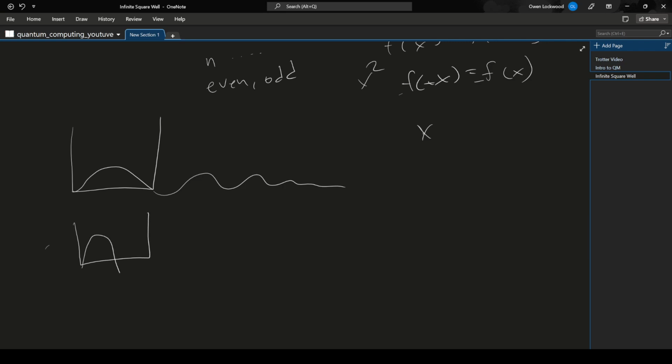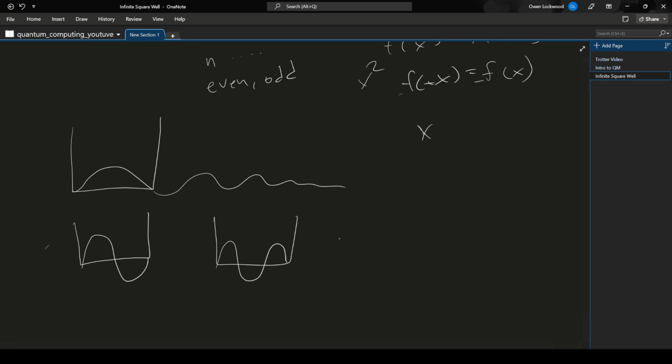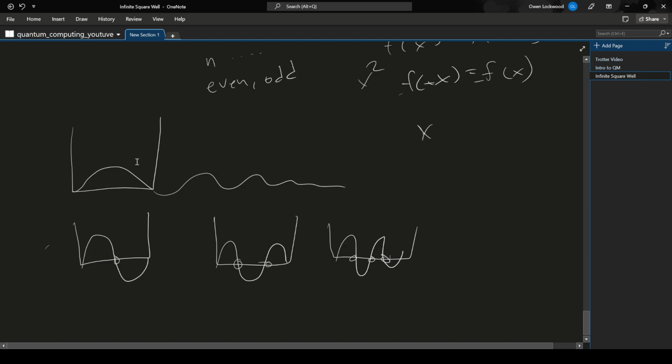So 2 would look like this, 3 will look like this, 4 would look like that, and so on. And this node, or crossing 0, how many times this is 2, this is 1, that's 0, that's 3, 1, 2, 3, etc. is what the wave function would actually look like.